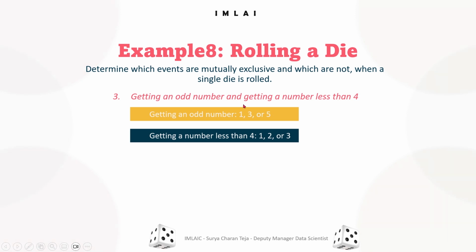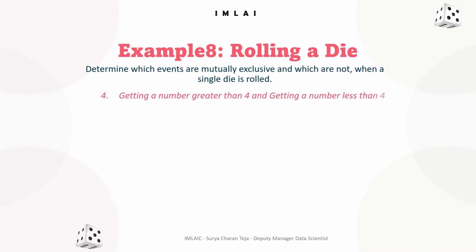The common simple events are 1 and 3, so the intersection of event A and event B is 1, 3. If you have an intersection which is not null, it's not mutually exclusive.